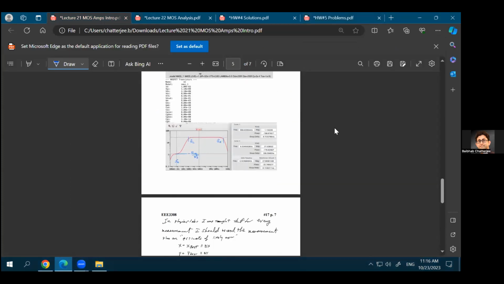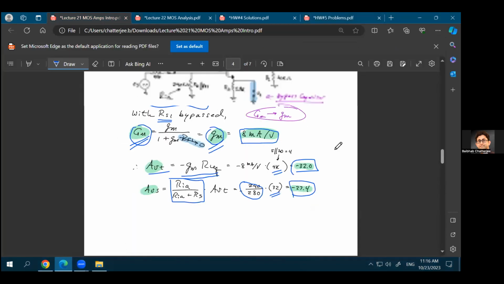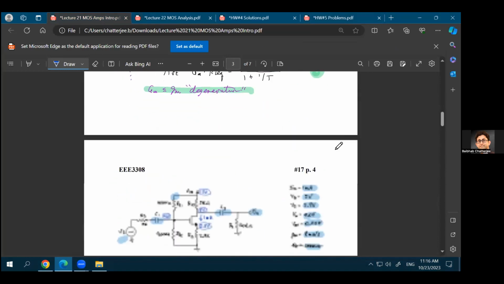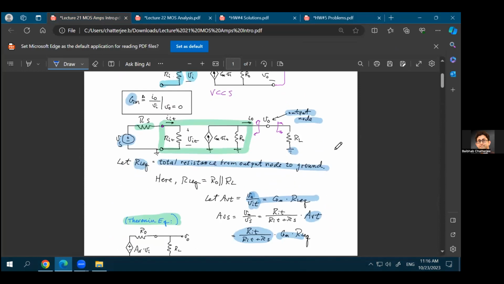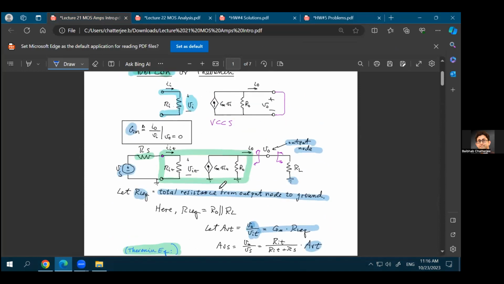Let's just go back a little bit. All right. So for example, in this linear equivalent circuit of a MOSFET, you have the RO of the transistor, but you have your RL, whatever load resistance you're connecting, in parallel with this RO of the transistor.